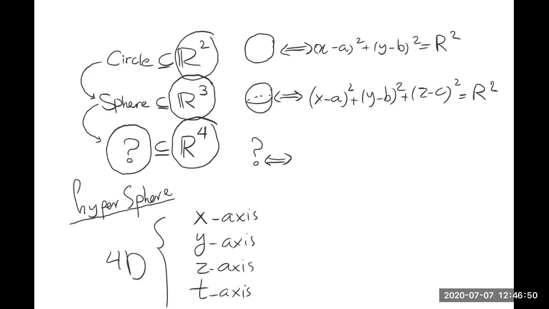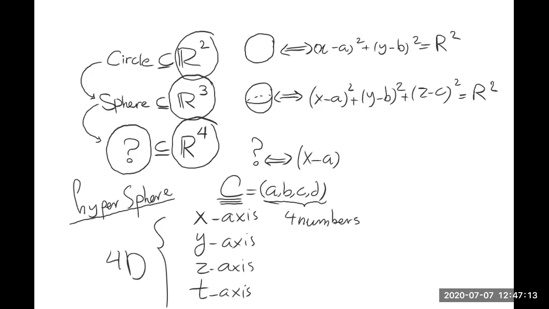It's not hard to guess what is the equation of HyperSphere. Let's say the center is a point a, b, c, d. Because the center is a point in 4-dimensional space, the coordinates need 4 numbers. We need 4 numbers to locate the point in 4-dimensional space. And the equation would be x minus a squared plus y minus b squared plus z minus c squared, and then we have an extra thing, t minus d squared equals the radius squared.